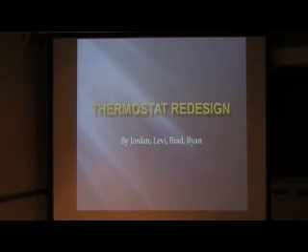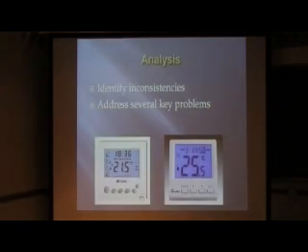So there are many human-computer interaction inconsistencies, and we performed a couple of interviews with real-world users to find out their thoughts. Here, if you look at the two digital thermostats, if you look on the left, can't exactly figure out what that is.